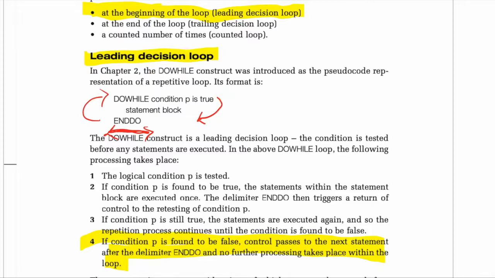The condition for entry and the condition for exit into this loop are tested at the very top of your loop, right here at the do while statement. Next, your statement block is executed, and this block is executed as many times as is necessary until the do while statement is finally evaluated as false.